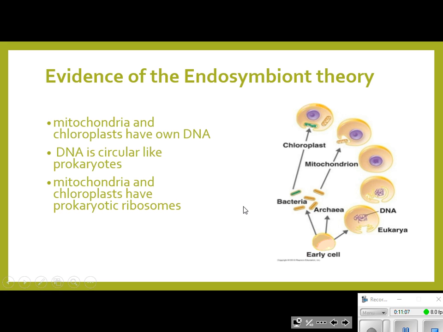Mitochondria and chloroplasts also have prokaryotic ribosomes. And finally, mitochondria and chloroplasts will reproduce by fission, which is the same way that the prokaryotes reproduce.